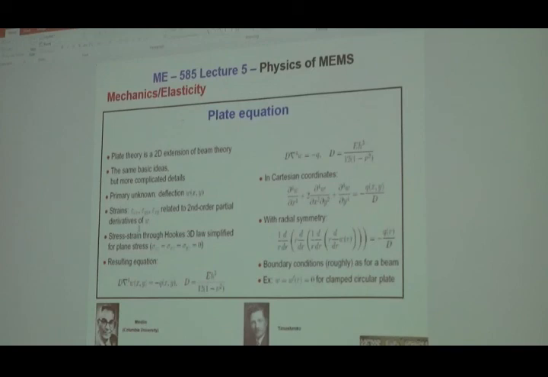Now, the cantilever we covered, that was easy. What if I have a plate? There are only one or two things I expect you to know here, so stay with me.